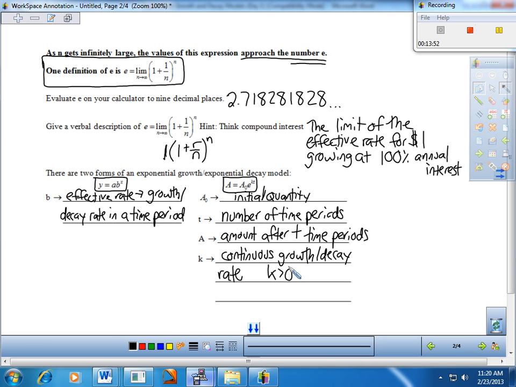Here's what's kind of cool about working in base e. If k is positive, it's growth. And if k is negative, it happens to be decay. So a quick, easy way to tell growth versus decay. And that is different, of course. Let's compare and contrast a little. That's different than the base b model, where if you remember base b, bigger than 1 is growth, between 0 and 1 is decay. So again, just a little different in that way.